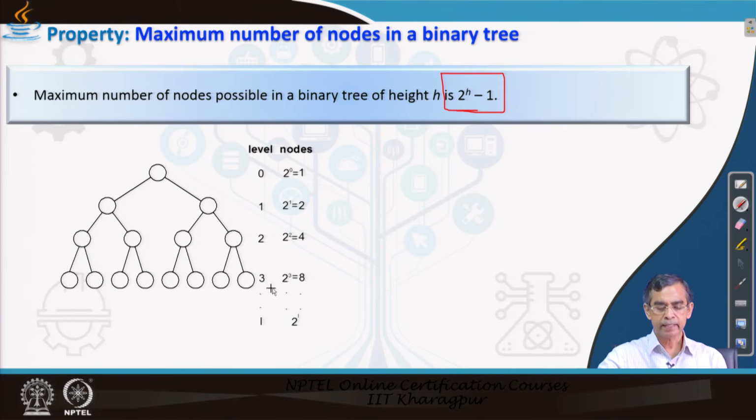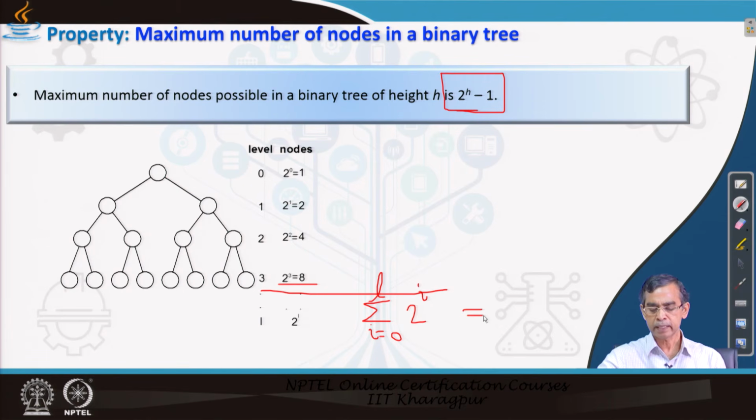Now, that can be clearly understood from here. It is basically a summation, i equals 0 to L, where L is the maximum level number, in this case L is 3, of 2 to the power i.